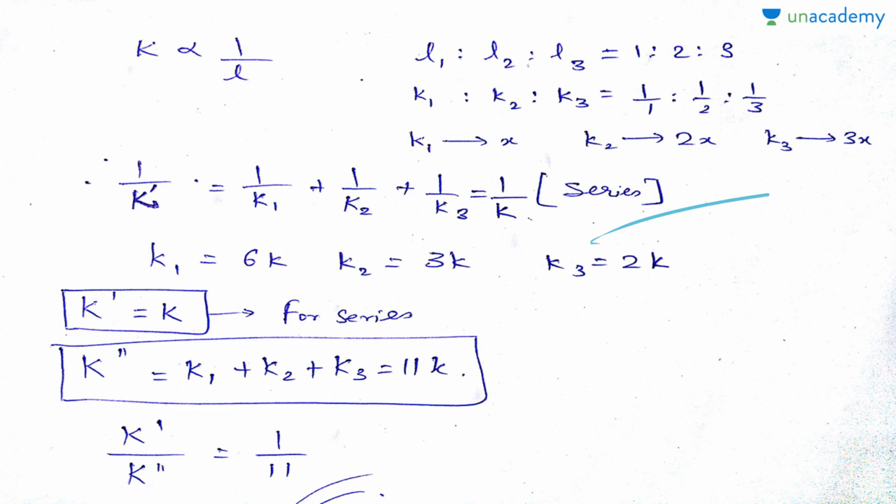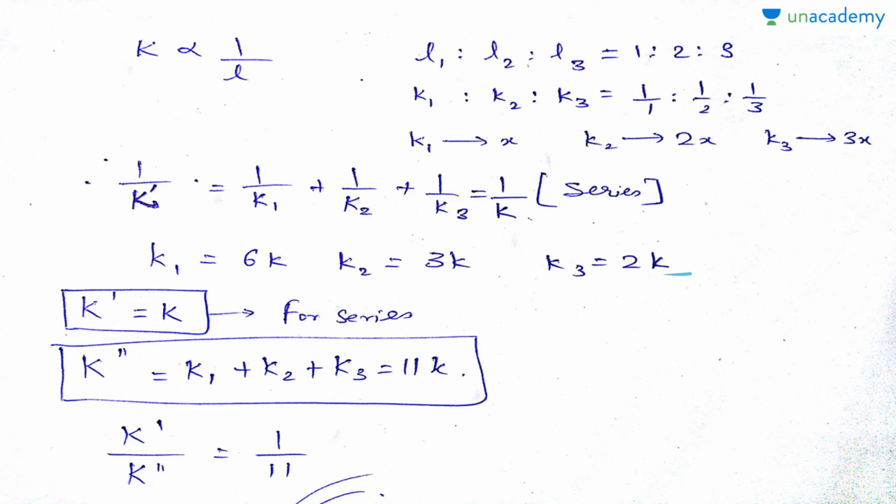Now when they are connected in series, we have the formula 1 upon K1 plus 1 upon K2 plus 1 upon K3 is equal to 1 upon K, where K is the equivalent net constant, which in the question is given as K dash. So K dash equals K. Now put the value of K1, K2, K3 in this equation and get the value for x, and put the value of x here.